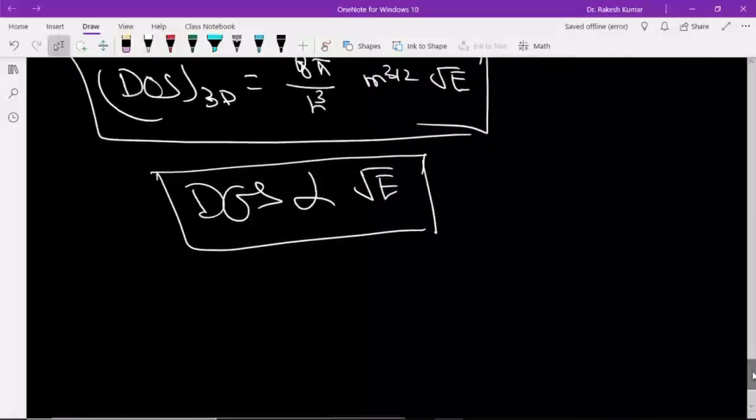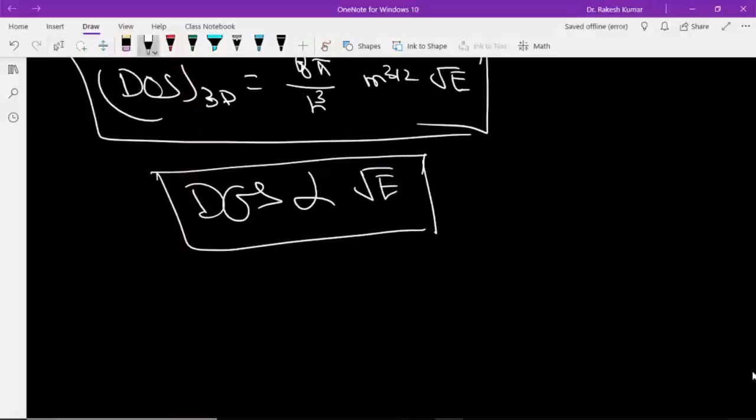So here we get the density of states in 3 dimensions, that is directly proportional to under root of energy. I hope you will understand this concept, which is very important to determine the number of charge carriers that are available for conduction in a device.